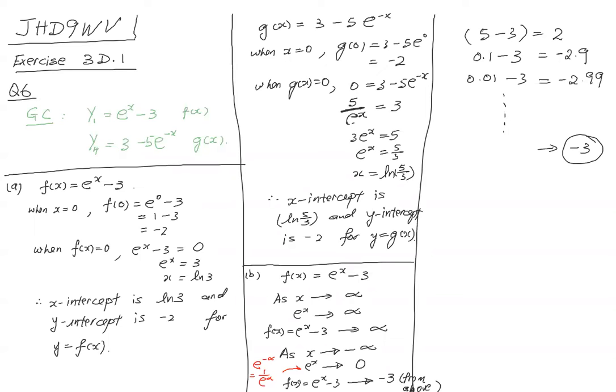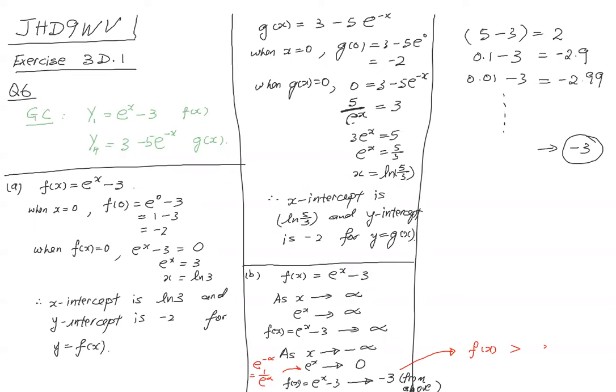Thaddeus, help me to interpret this about f(x). The lowest possible value for f(x) is negative 3. So f(x) will be greater than negative 3.